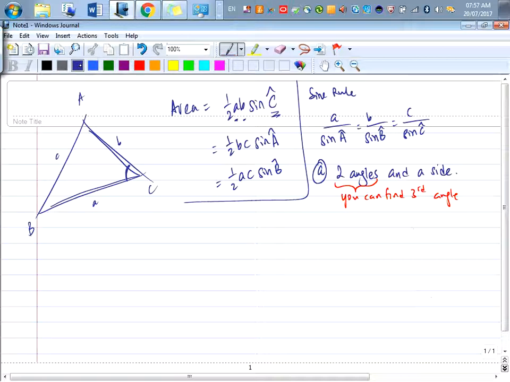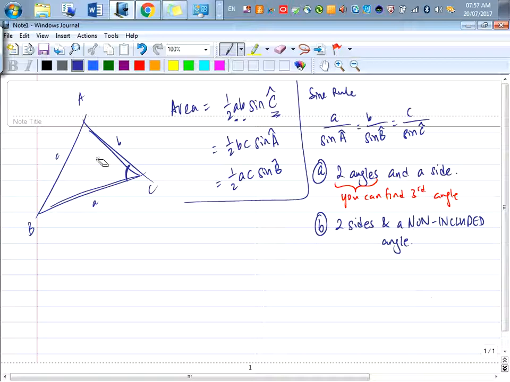Okay, then the second case, case B in your textbook, they say when two sides are given and a non-included angle.